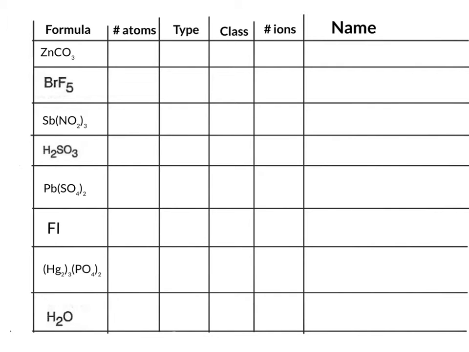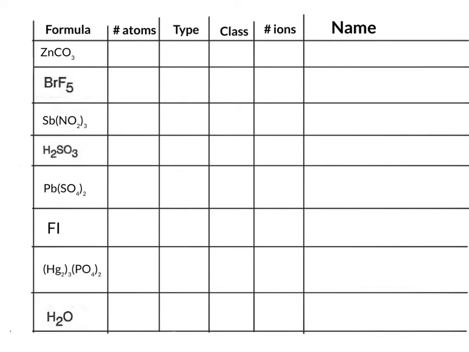What type of compound do we have? We start with mercury. Mercury is a metal, and so this is ionic. Our choices for ionic compounds are bases or salts. This one is a salt, and so the number of ions will be 3 mercury ions and 2 phosphate ions, a total of 5 ions.